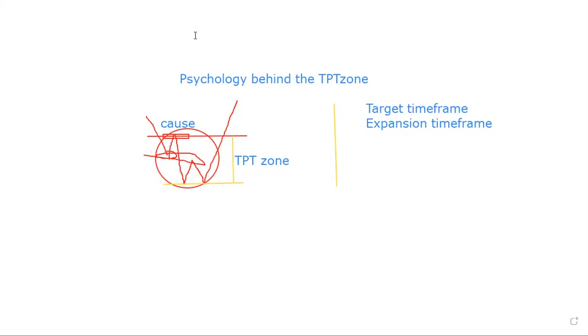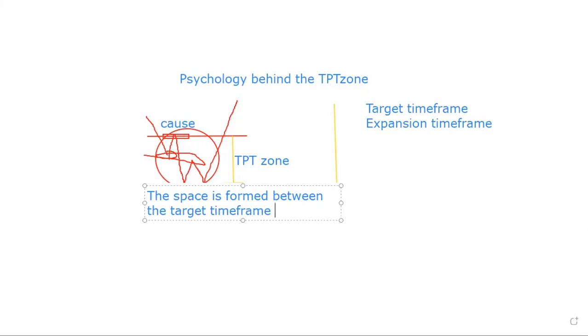Now, the space, I want us to understand this thing about the space. The space is formed between, that is, inside the target time frame moving average and the expansion time frame moving average.